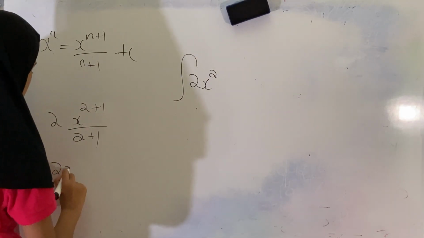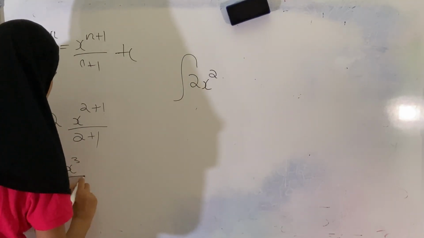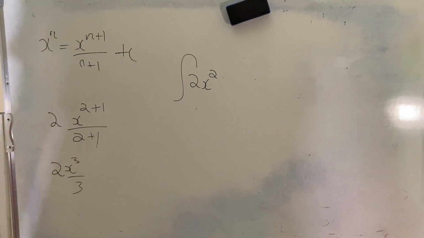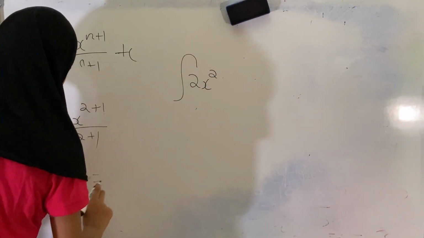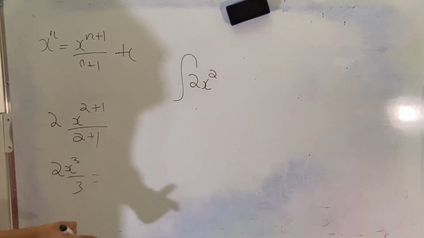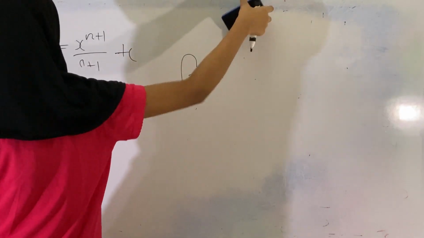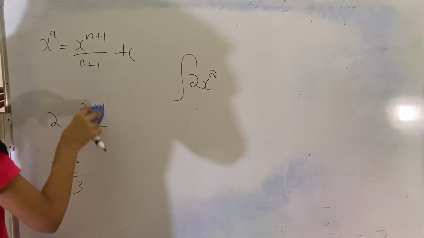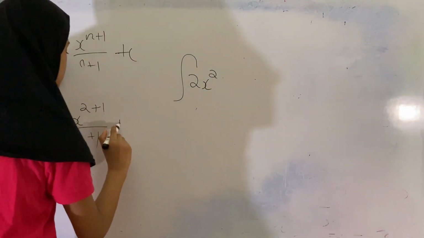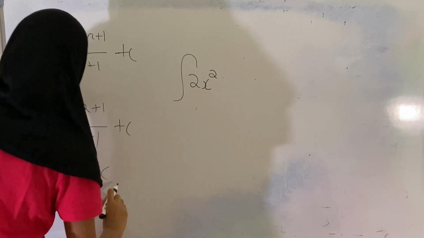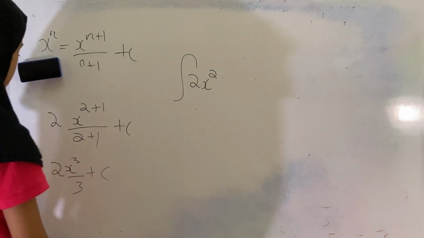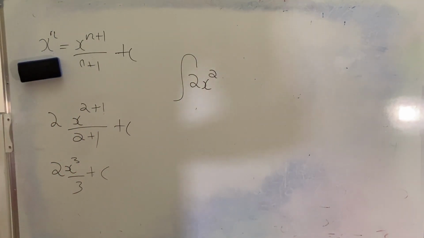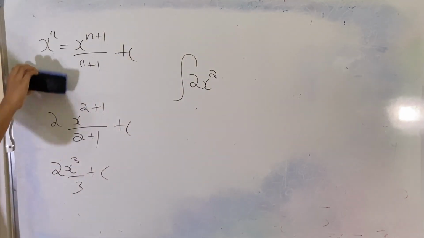It's going to be 2x cube by 3, plus c. So the answer is 2x cube by 3. I forgot to write plus c. In any answer you have to write plus c in integration. I just forgot to write it.